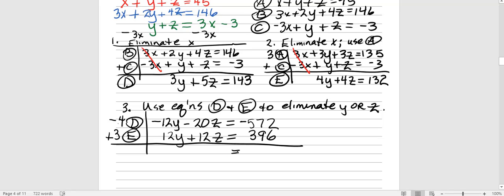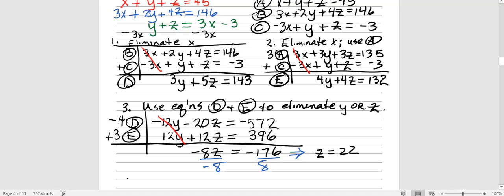So these constants add to negative 176. The opposite y terms cancel each other out, and I have a negative 8z. And I'm going to divide both sides of this by negative 8. And I get 22. So z is 22.